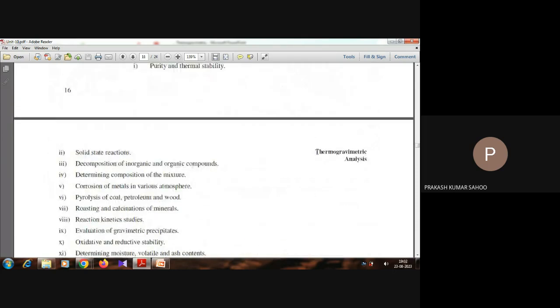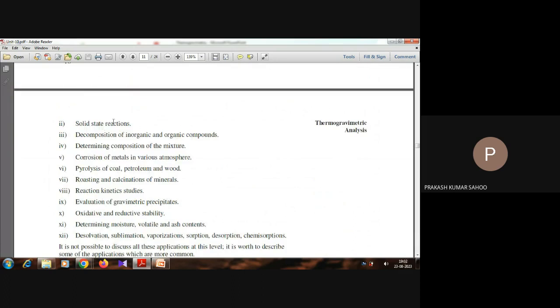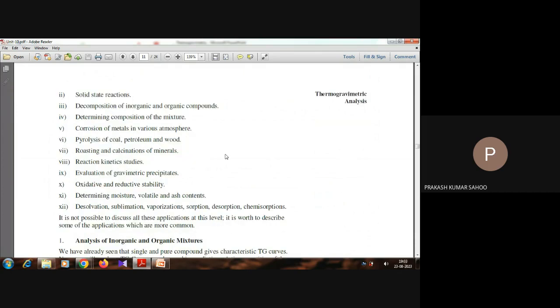Then applications. In the application part, we are able to determine the purity and thermal stability of the sample, solid state reactions, decomposition of inorganic and organic compounds, composition of mixtures, corrosion of metals in various atmospheres, pyrolysis of coal, petroleum and wood, roasting and calcination of minerals, reaction kinetic studies, evaluation of gravimetric precipitates, oxidative and reductive stability, determining moisture, volatile and ash content, then dissolution, sublimation, vaporization, sorption, desorption, chemisorption.